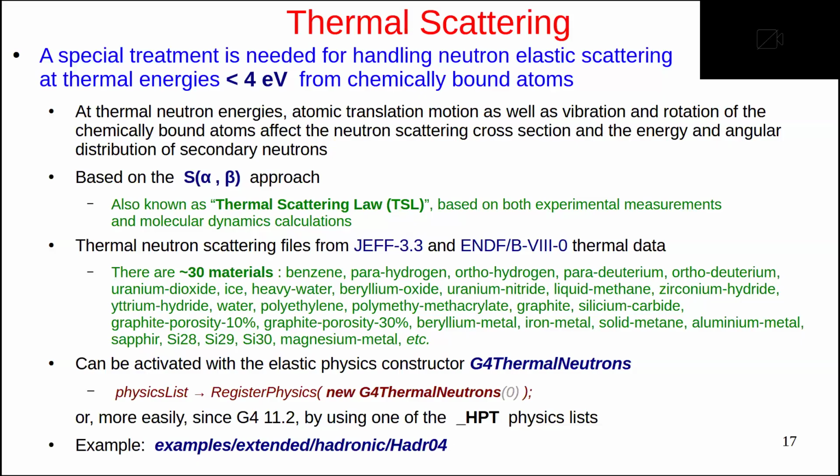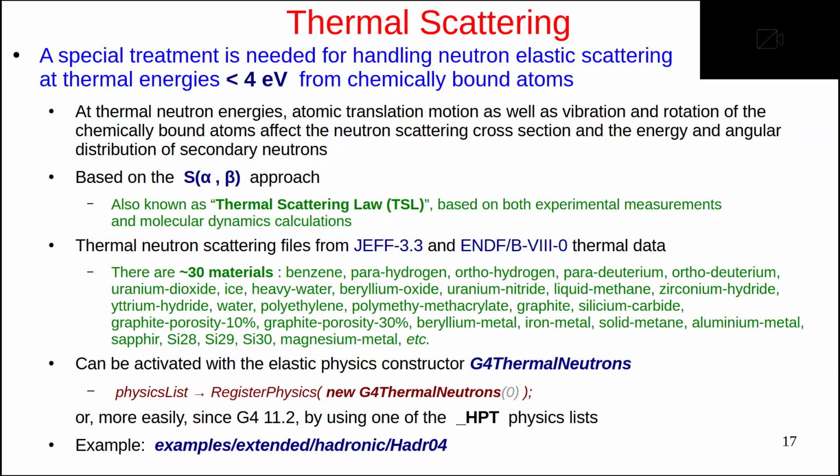So you need to have, if you want to be precise, a special treatment, which is called S alpha beta approach or thermal scattering law approach, which is based on both experimental measurement, also some molecular dynamic calculation. And there are separate thermal neutron scattering files coming from both JEFF 3.3 and the ENDF/B-VIII thermal data.